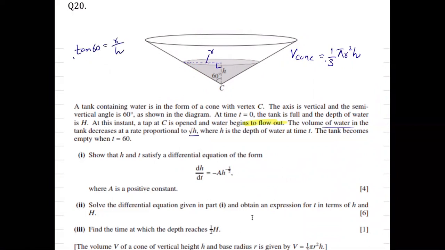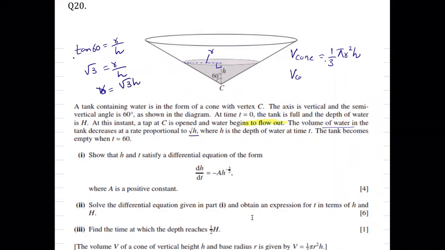What is tangent of 60 degrees? Root 3. Right. So r is equal to root 3 times h.